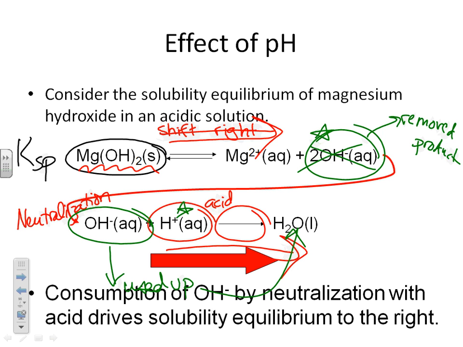It'll make it way more soluble, because this is the side that it's soluble on, right? Aqueous, aqueous. So you're going to take that solid, you're going to encourage it to dissolve by removing one of the products. This is essentially saying these problems are essentially Le Chatelier problems. How do you get an insoluble salt to dissolve better? Remove a product. Cause a shift to the right. Do something that makes the reaction shift right.